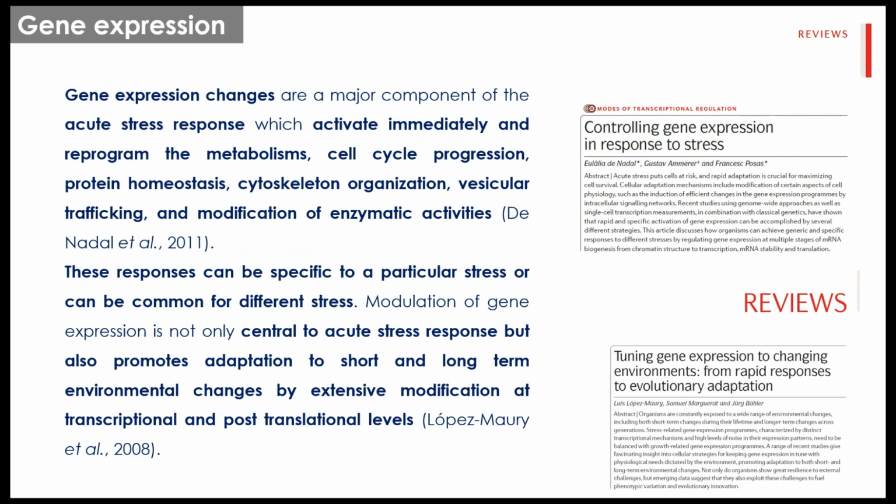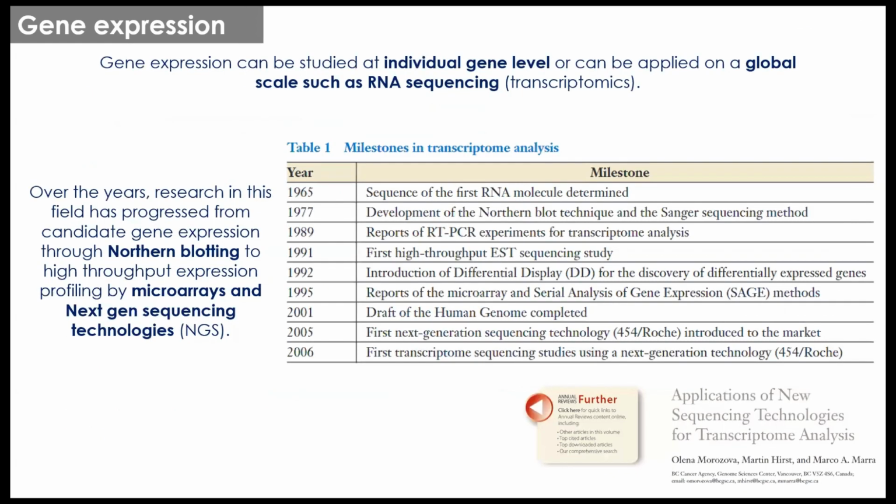Now, this gene expression modulation could provide an acute stress response, or it could lead to an acclimatory or adaptive response in the cell, and that could be involved in the adaptation or acclimation of the organism under different environmental conditions.